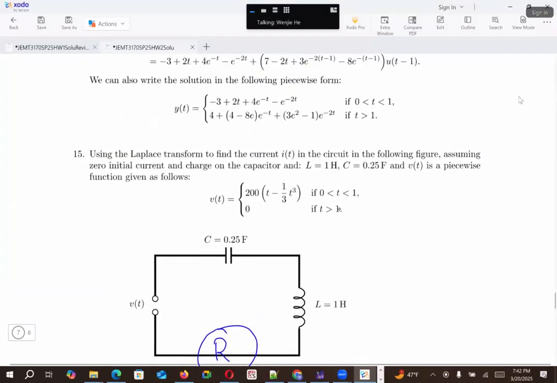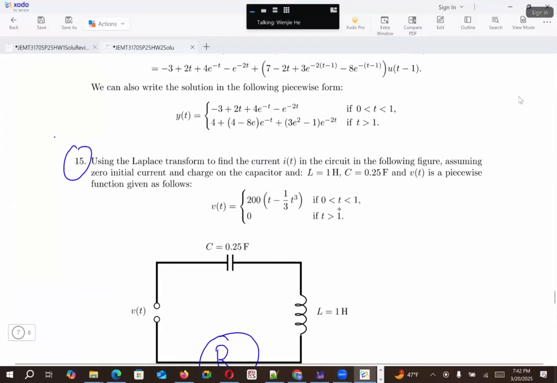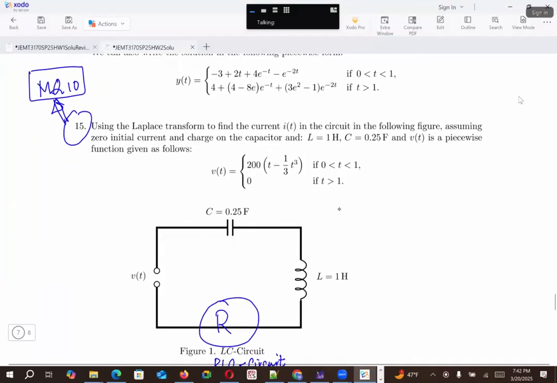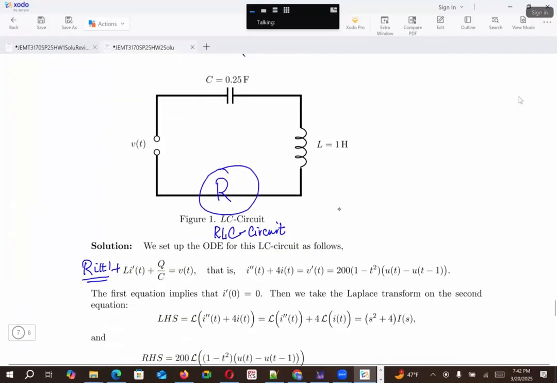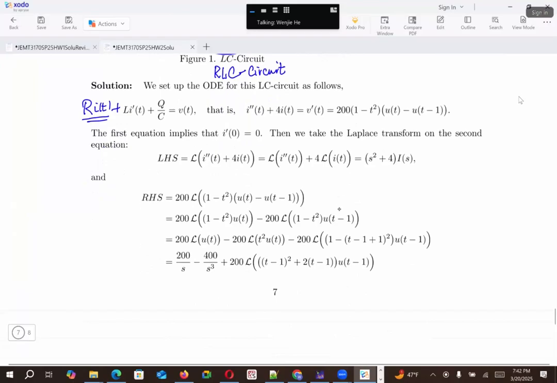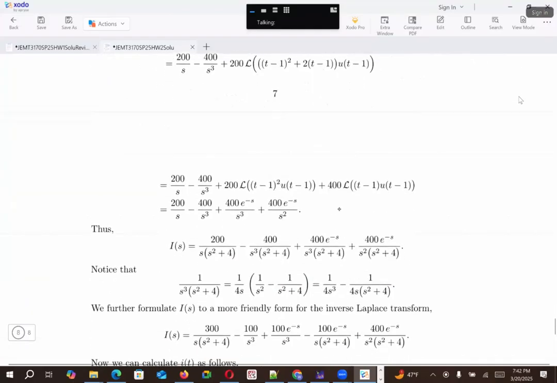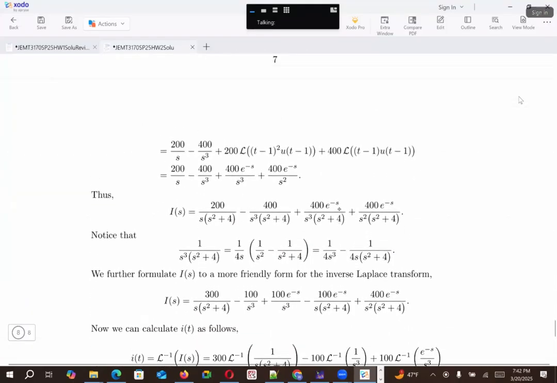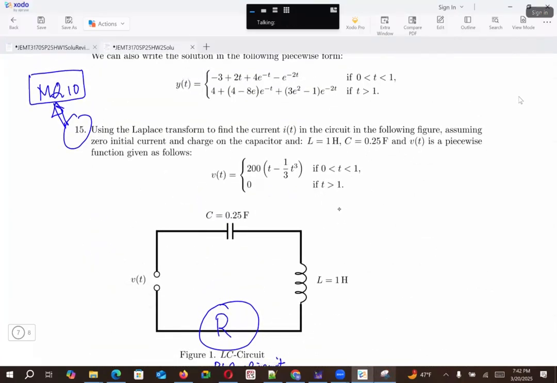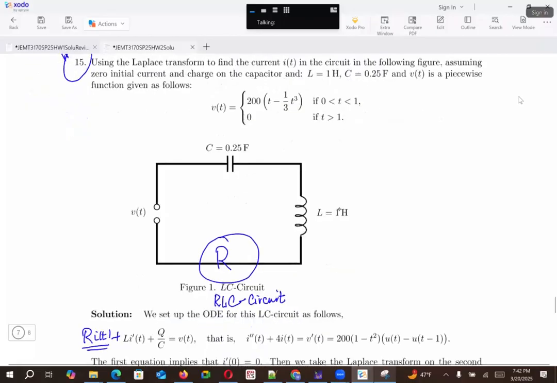So this is for our MQ10 question. And you can use the Laplace transform to solve it.